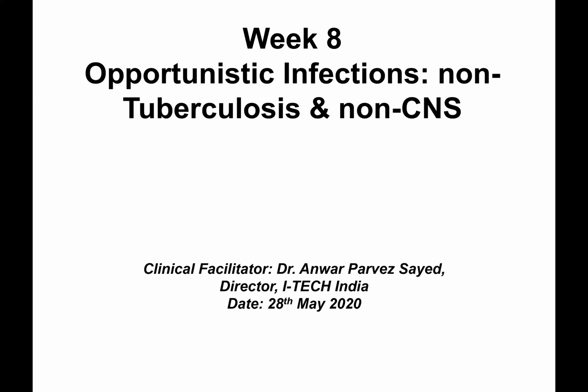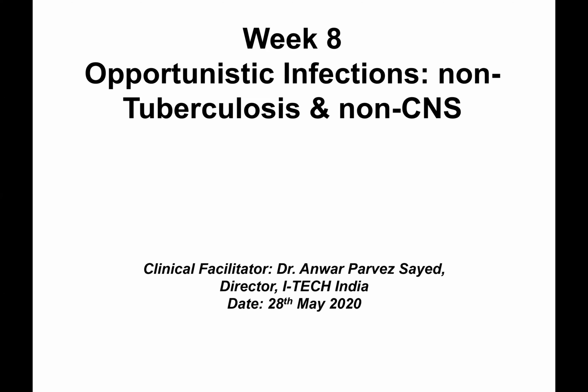I would not say it has reduced overall, but yes, as compared to what was happening 10 years back, it is less than before. But as I mentioned, TB is one OI which we are coming across very commonly, day in, day out.